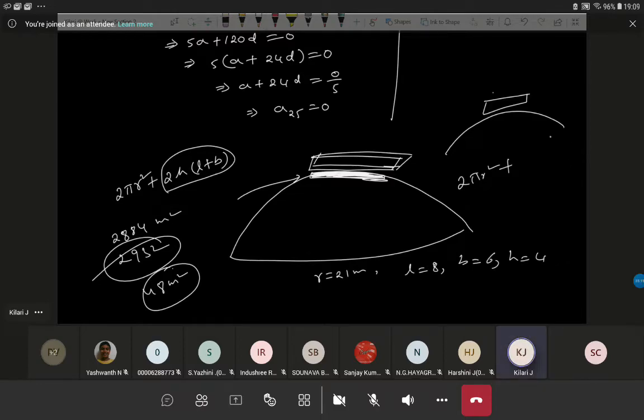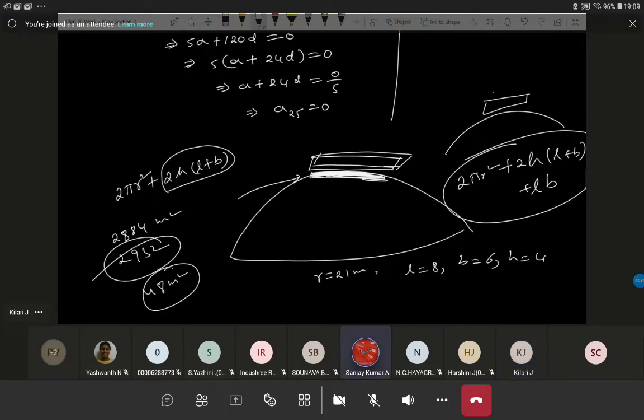But if the bottom of the cuboid is covered by the dome, then we will get only how you did. But they added one LB more. It is not possible in either of those two cases. So which one is right? The given answer is wrong, I think.